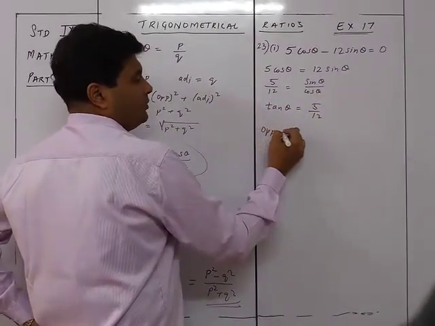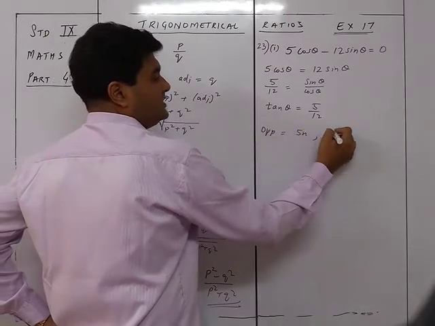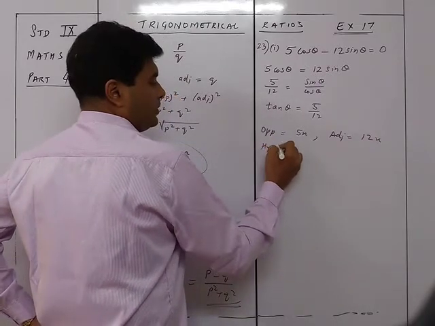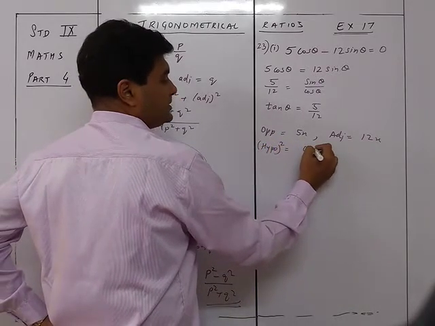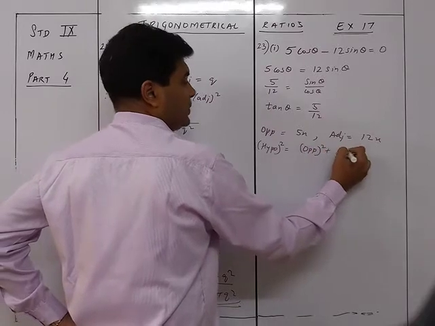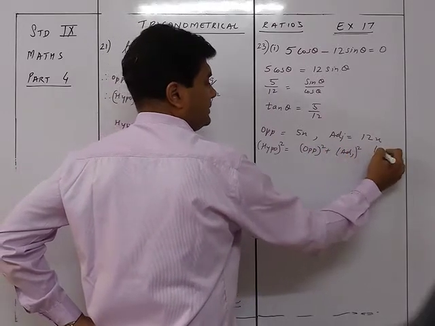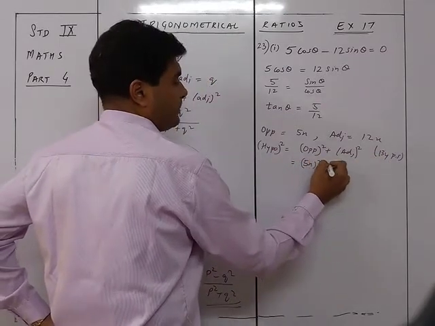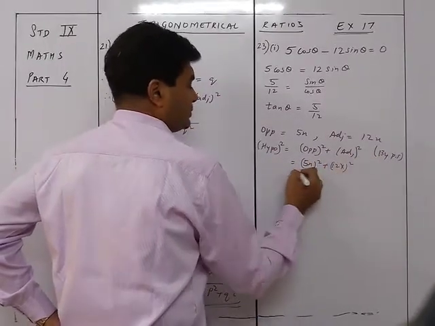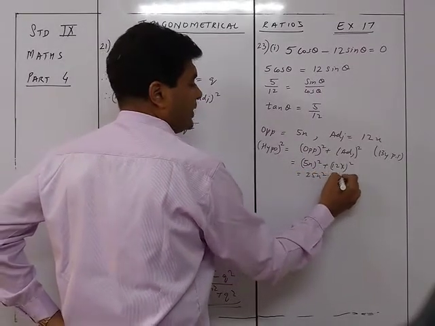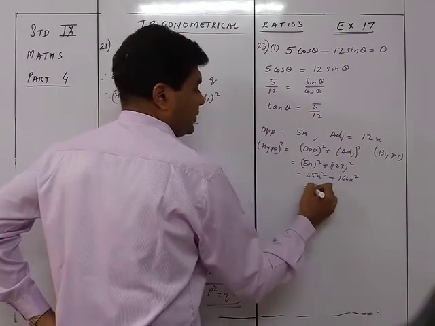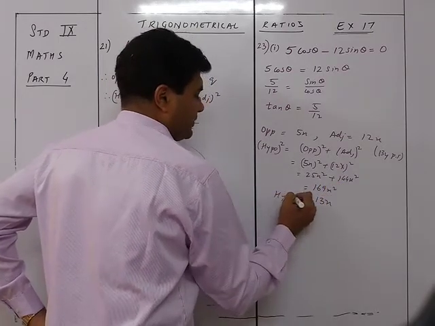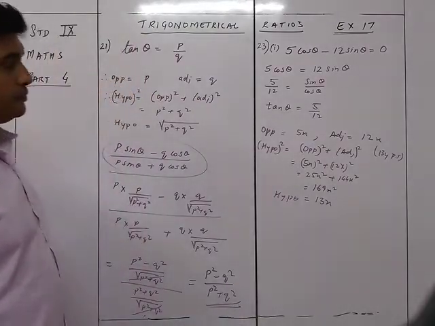Accordingly, opposite will be equal to 5x and adjacent is going to be 12x. So hypotenuse square is equal to opposite square plus adjacent square by Pythagoras theorem. Accordingly, it will be 5x the whole square plus 12x the whole square, which is 25x square plus 144x square, is equal to 169x square, so the hypotenuse is 13x.